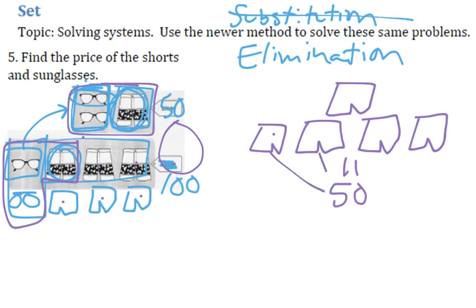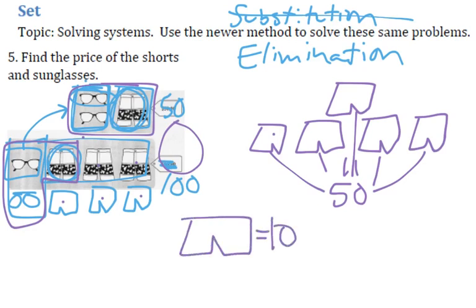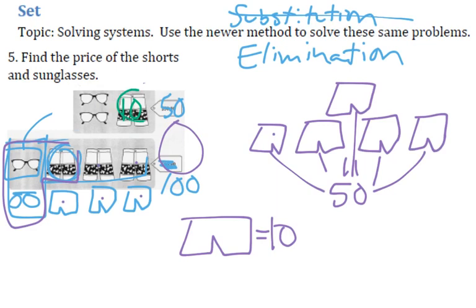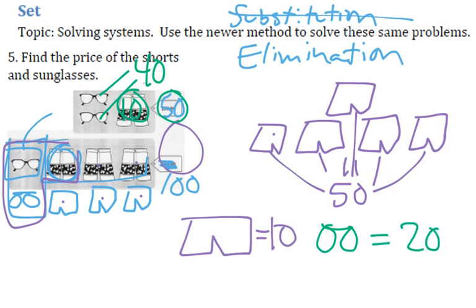So each pair of those shorts has to be 50 divided by 5, $10, right? So a pair of shorts is $10, which if that's the case, we'd subtract it from 50 to get 40. The glasses, 40 divided by 2 would give us, I know those are awesome glasses, aren't they? Would have to equal $20.